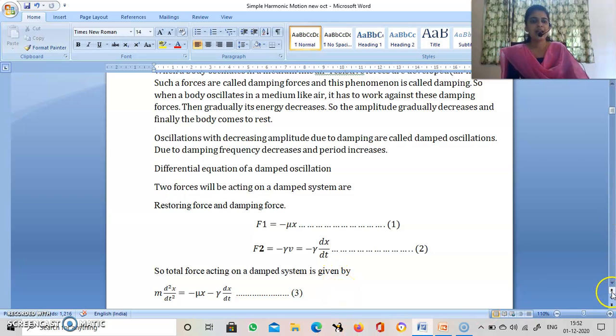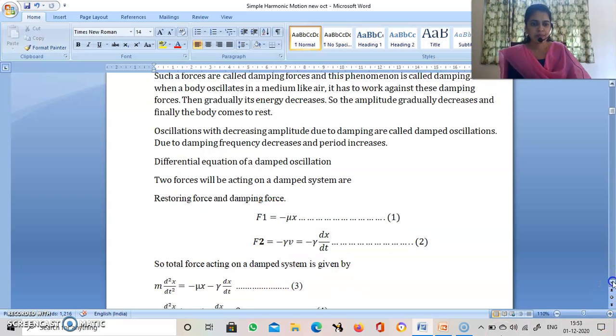According to Newton's second law, the resultant force is nothing but mass times acceleration. So as in the previous case, we equate mass into acceleration to F1 plus F2. We can write it as m d square x by dt square, writing the acceleration in terms of displacement x, equal to minus mu x minus gamma dx by dt, the sum of F1 and F2.